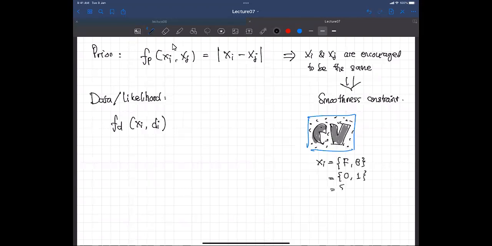In other words, the foreground of 0 is black, and the background of 1 is white. That is the meaning of the label of xi, the value that you want to estimate. If you don't understand, please ask, otherwise we will get lost.